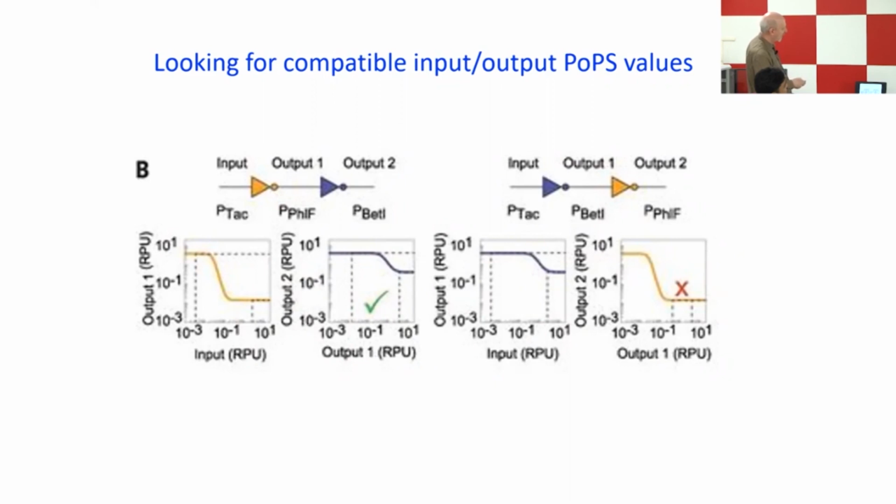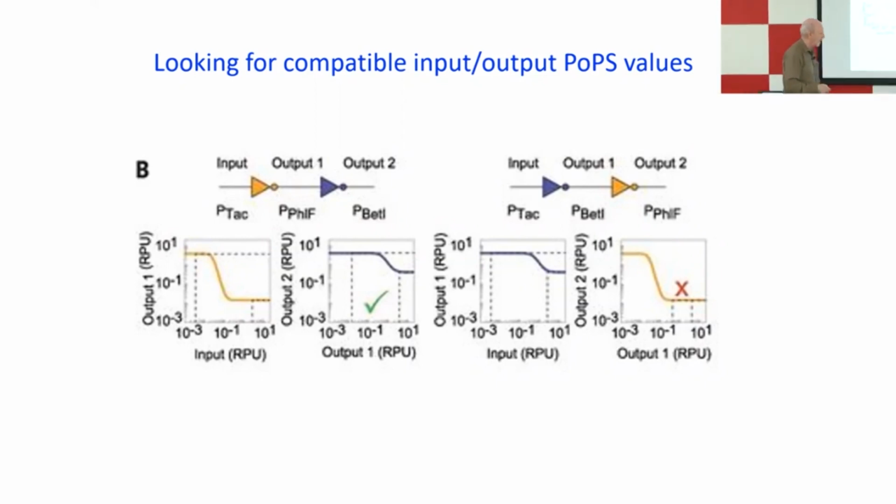So the differences are big enough, and the parameters are good enough, that you can make the connection and secure and predict that the logic will be a perfect inverter after inverter. But if the variation of the input goes between here and here, and the variation of the output has to go from here to here, it is evident that this variation will not be sufficient to induce a change in the next one.